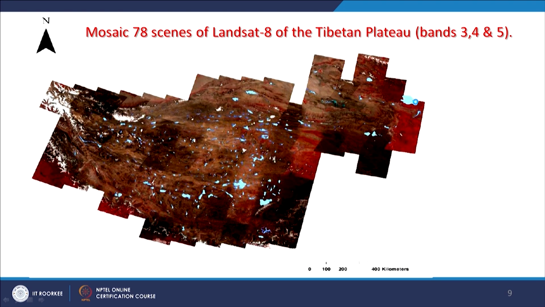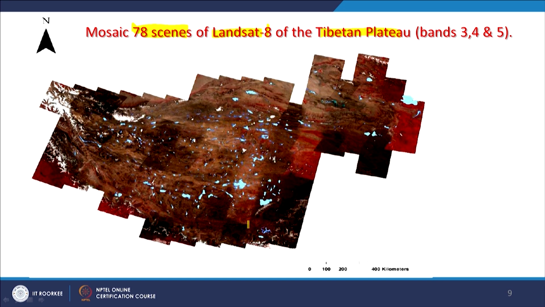Now, this is an example from the Tibetan Plateau, using Landsat 8 data having 78 scenes. If you do not look at the edges and the boundary, in between it is probably very difficult to find a seam, because it has been created in such a manner that the seam does not become obvious.